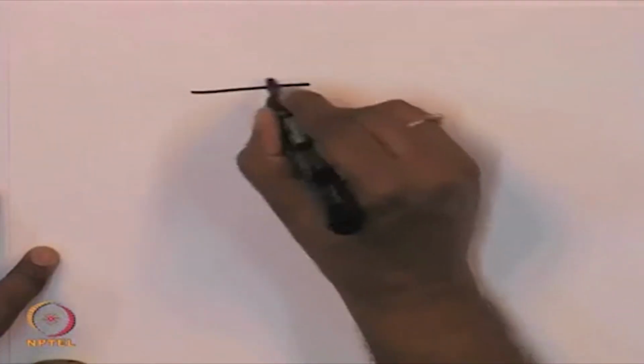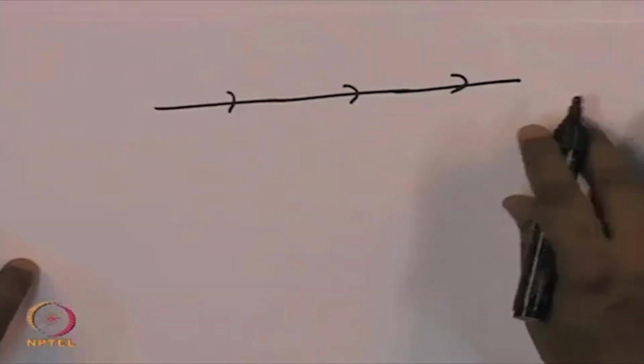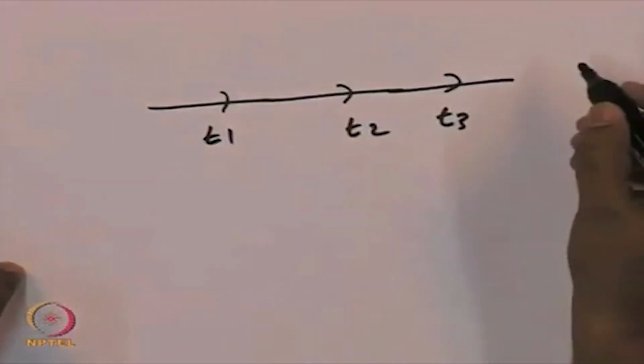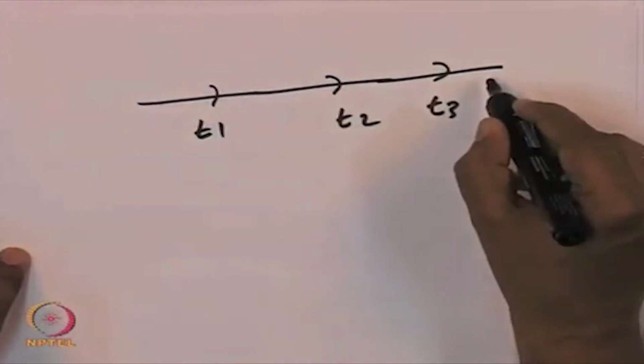Now, you know the energy. If you know a particular configuration, we can calculate the energy. Let us think of some particular configuration of DNA. First, let us think of DNA like this. So, this is T1, T2, T3, and here they are all straight.